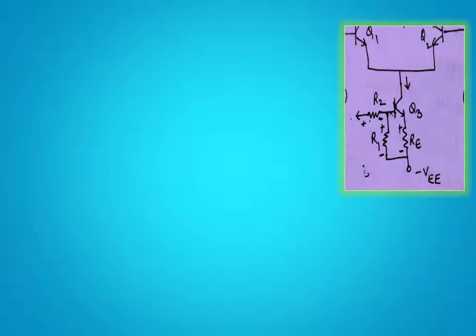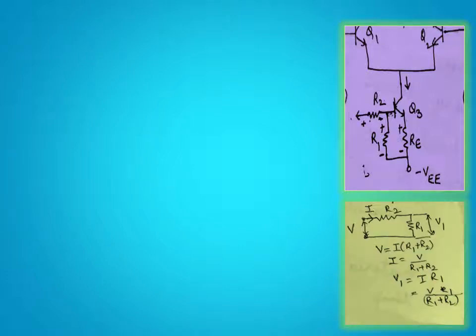So again we have focused on the constant current bias circuit. This circuit depicts the voltage divider rule. Have you studied the voltage divider rule? You must have studied it in electronics. What does it depict?